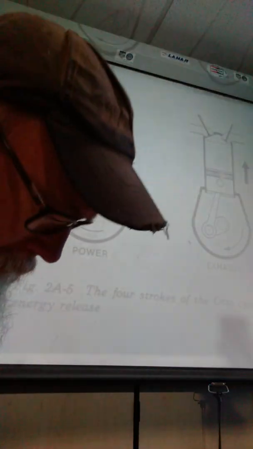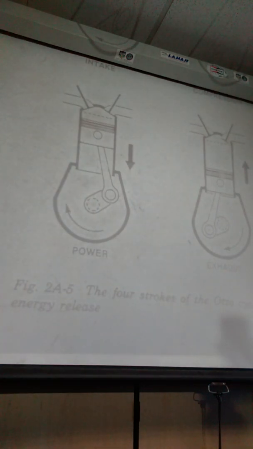The event is a little bit different. So you can take some notes on this or refer to your notes. Our strokes, of course, were intake, compression, power, and exhaust. The events, I'll list those out to you. Just like we have an intake stroke, we're going to have an intake event, followed by a compression event. And then there's going to be ignition.